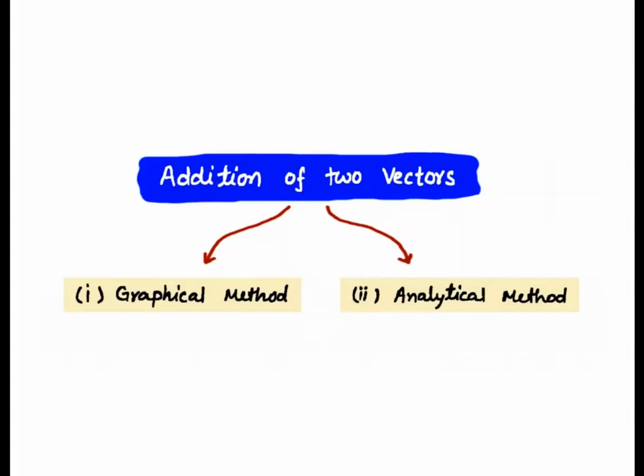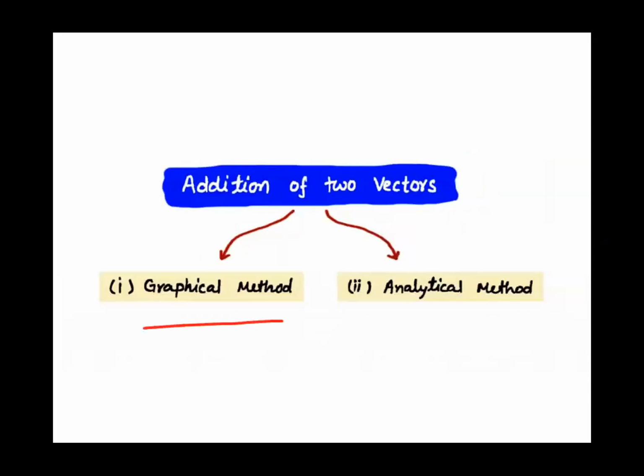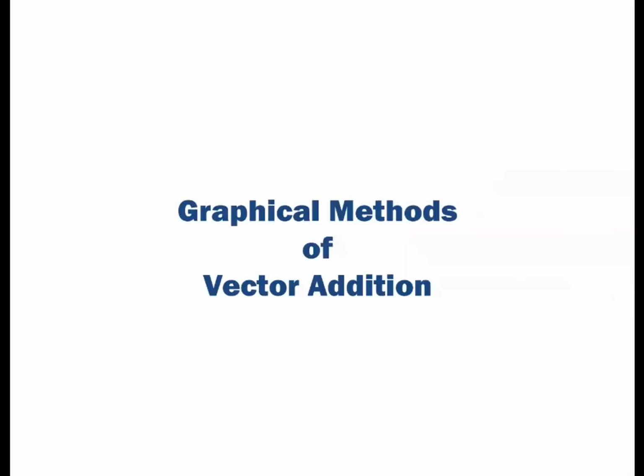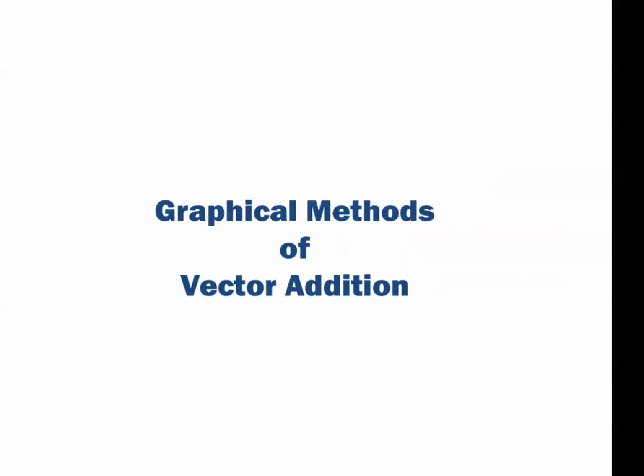There are two methods of addition of vectors. First method is the graphical method, and the second method is the analytical method. So let's start with the graphical method of vector addition.